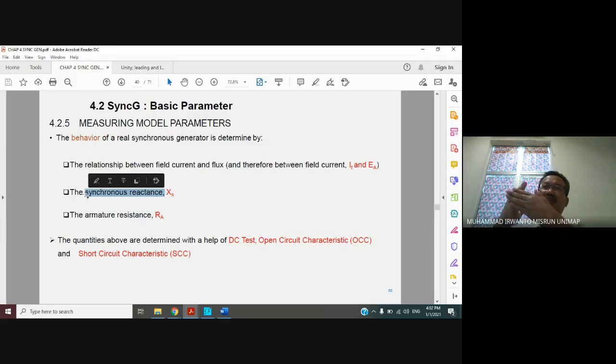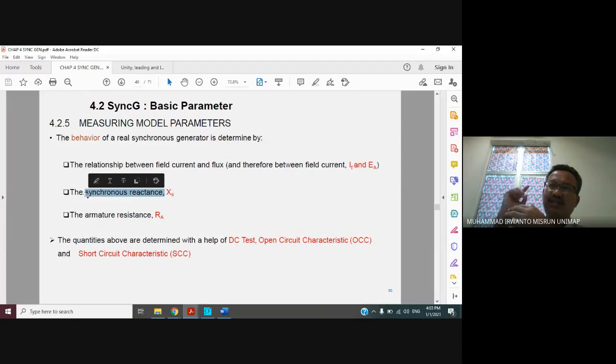For the short circuit test, you have to obtain the short circuit current, which is equal to the armature current IA. After that, we can obtain XS by using the formula EA = V phase + jXS IA + jRA IA.